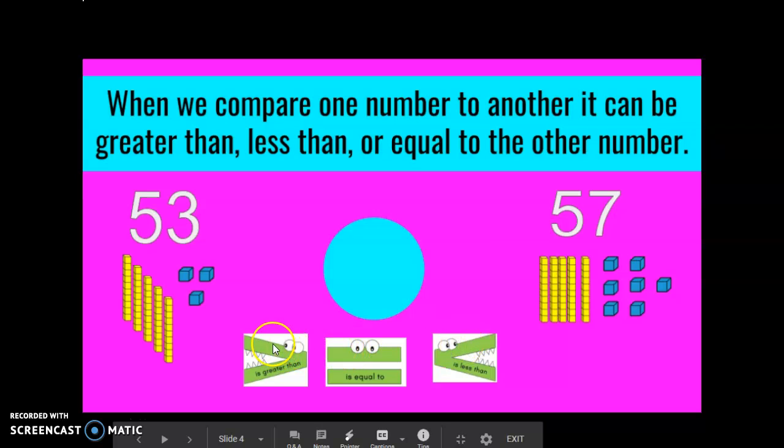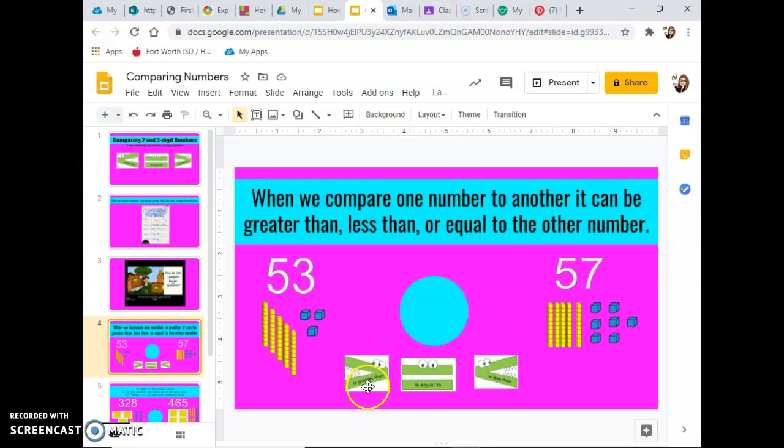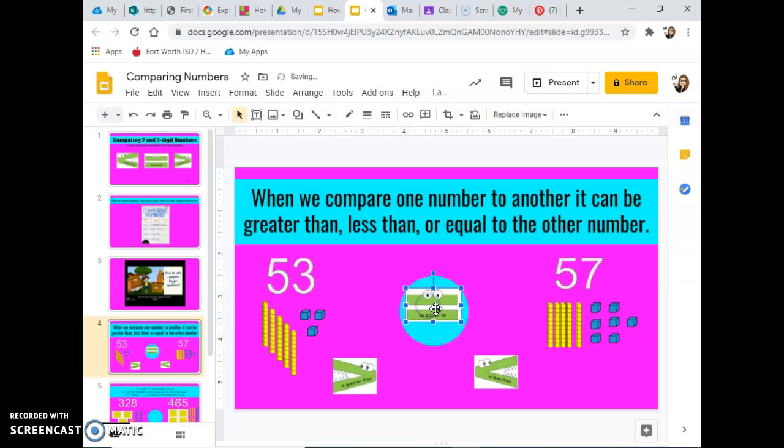So if our crocodile is facing this way, would he be eating the bigger snack? Nope, his mouth is opening to the 53, and we know that one is not the bigger snack. We can't say that they're equal because they're not the same, so that's not going to be right. We want to make sure our crocodile is eating the bigger snack. So our crocodile's mouth needs to face towards 57 because we know that that is the bigger snack.